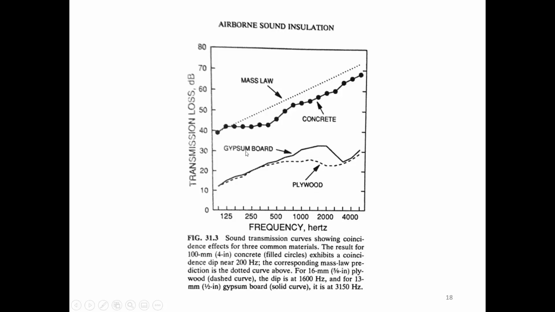So with gypsum board and plywood, see it there, 16 millimeters, a 5/8 inch plywood, and then 13 millimeter, 1/2 inch gypsum board. The gypsum board is denser than plywood, and it's not as stiff. So it'd be good if we only had, say, if they were both 5/8 inch sheets.